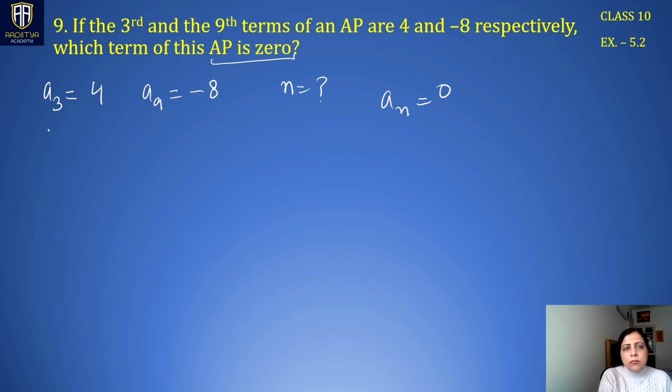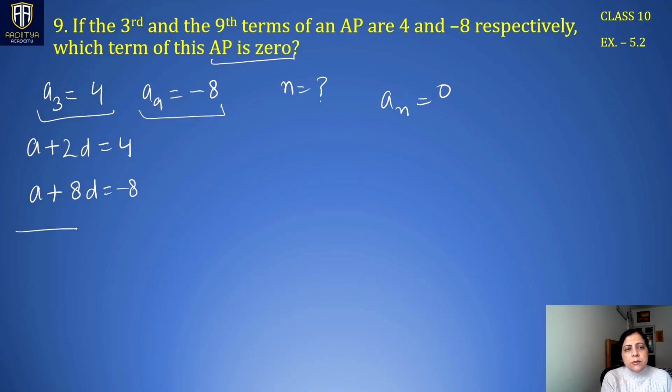Third term is 4. We can write that a plus 2d is equal to 4. Then a9 is -8, that means a plus 8d is -8. Now we have got two linear equations. I am subtracting equation 2 from equation 1, so I am changing the signs of all the terms.